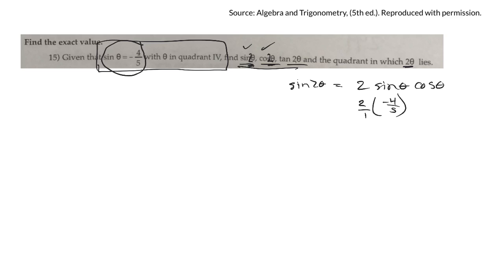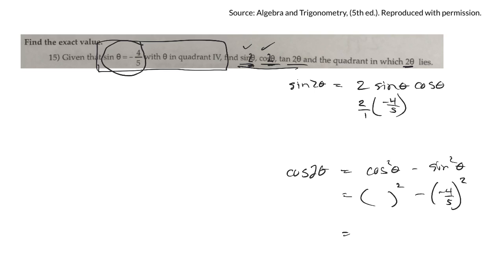And also cos 2 theta is cos squared theta minus sine squared theta. That's the identity for that. I don't have a cos, but I do have sine is -4/5 again. So I'm part way there on both of those, but I just need to know what cos theta is.